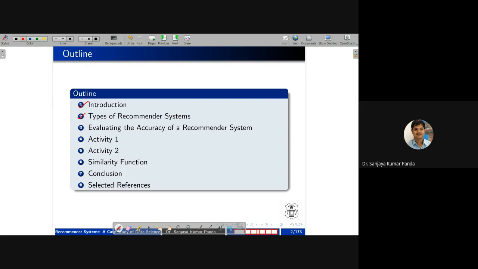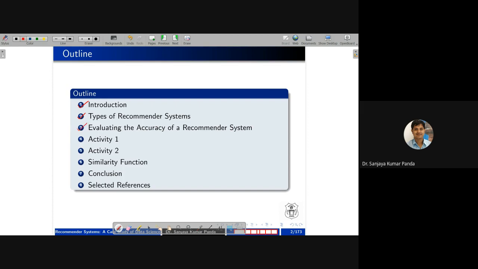We conduct a series of tests, vivas, practicals, lab classes, through which we are able to judge the performance of a particular student. Similarly, for the recommendation system, we will see how to measure accuracy, because as a machine learning or artificial intelligence model, our primary focus is how to improve the accuracy of the model.